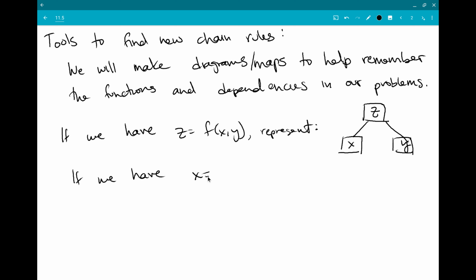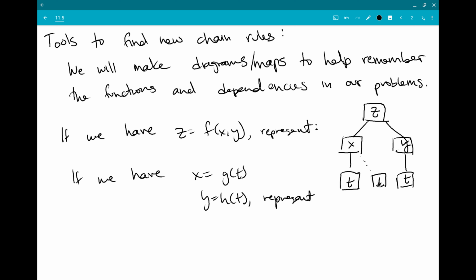If we have x equal to g of t, y equal to h of t, we're going to represent that with more lines and boxes. We'll say, okay, x goes down to t, and so does y go down to t. And if you would prefer to do this so that they both depend on the same t, that's fine too.